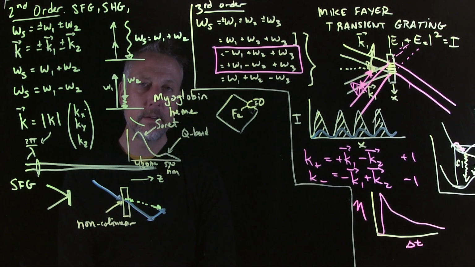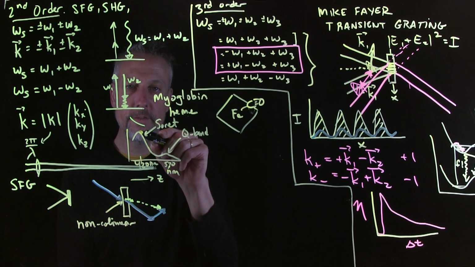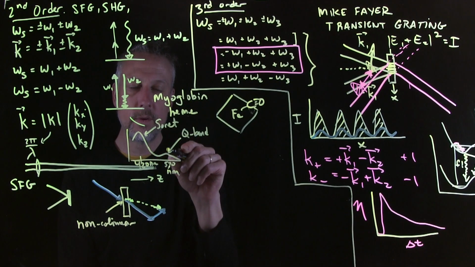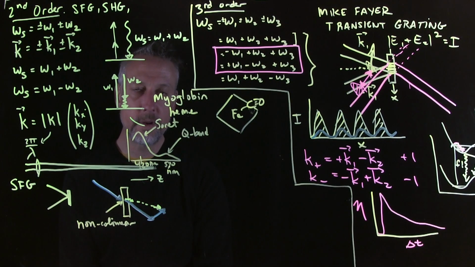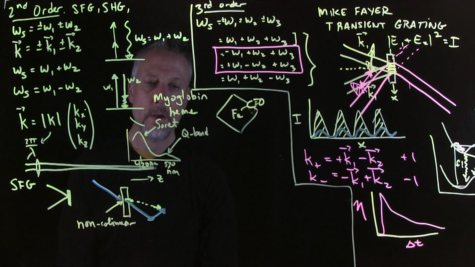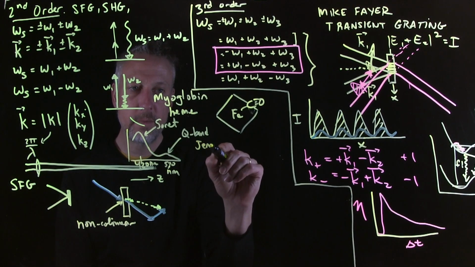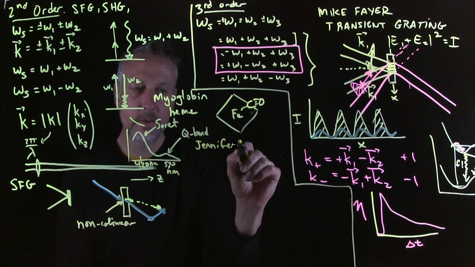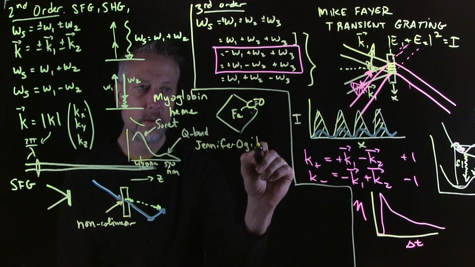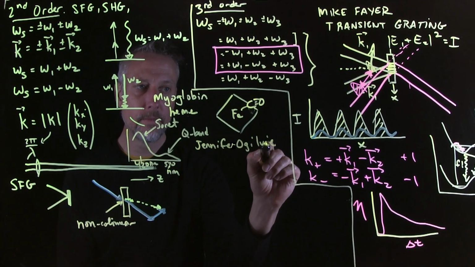So you can excite hemoglobin or myoglobin, heme proteins that have carbon monoxide bound onto them, either with 400 nanometer light or with 530 nanometer light. The actual bands are quite broad, and you have a bit of choice. So what Jennifer Ogilvie did, and other people had done this too, but her experiments were really cool because they used this technique.